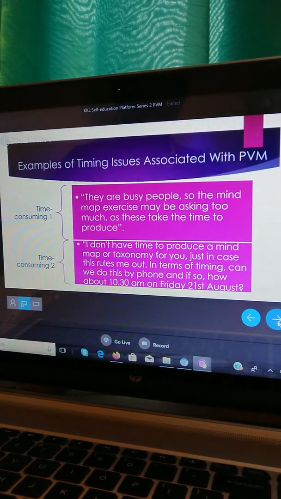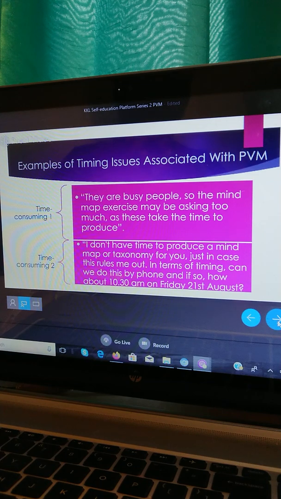So let's look at some examples of how the time factor or timing issue can arise when you are using participant-led visual method. My first example, look at this extract that says, they are busy people, so the mind map exercise, that participant is referring to the diagram activities that I've asked them to produce, may be asking too much from these people, as these tasks take time to produce.